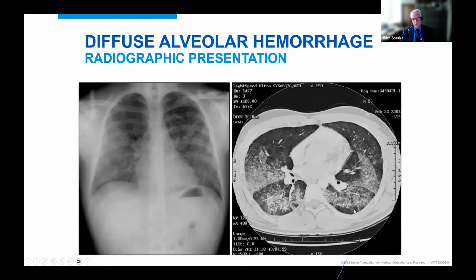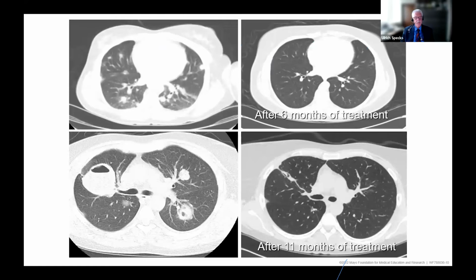In this case, this is actually blood that has filled the lungs in a patient with active vasculitis, either GPA or MPA, who has alveolar hemorrhage, bleeding into the alveoli of the lung. And that is an acutely life-threatening situation that needs to be treated quickly and definitively.